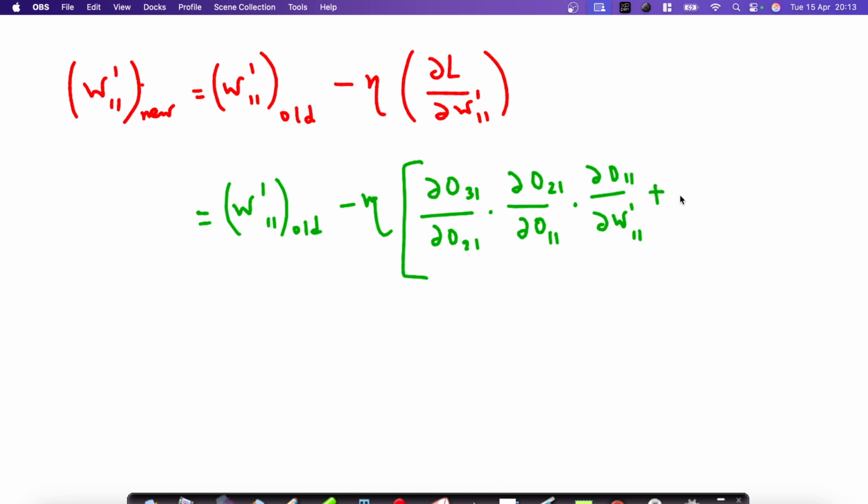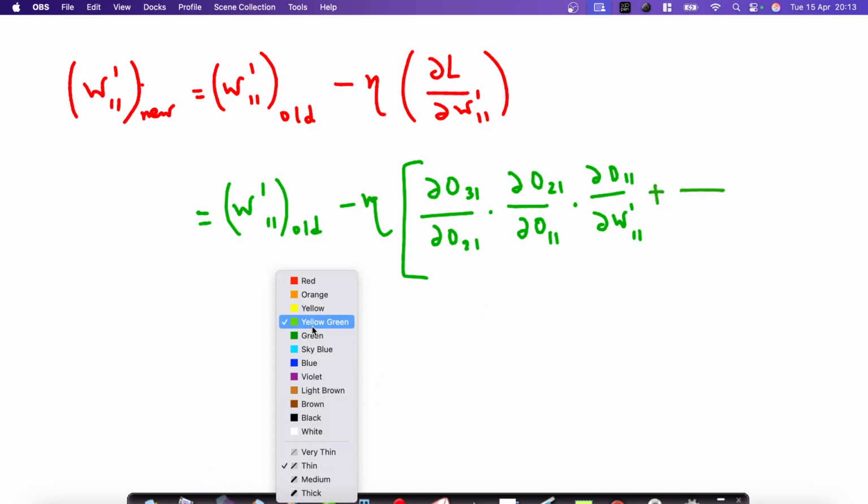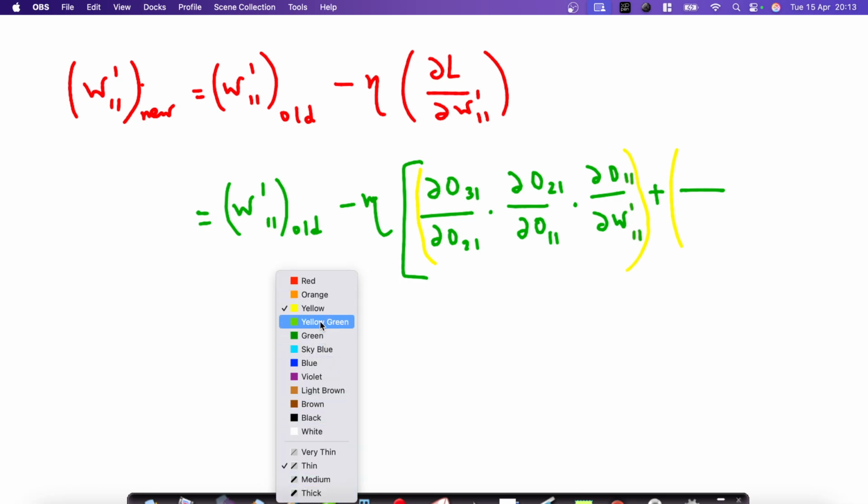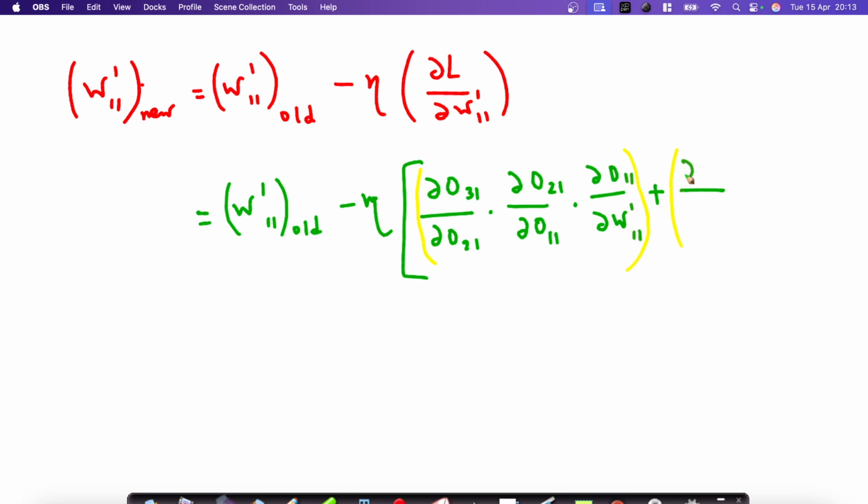That is why I'm writing this with each derivation, because it is very crucial. Many mistakes are possible here. So let us continue. It will be O31 with respect to O22 here, right?